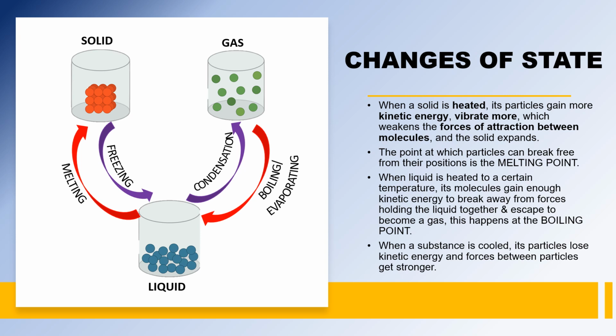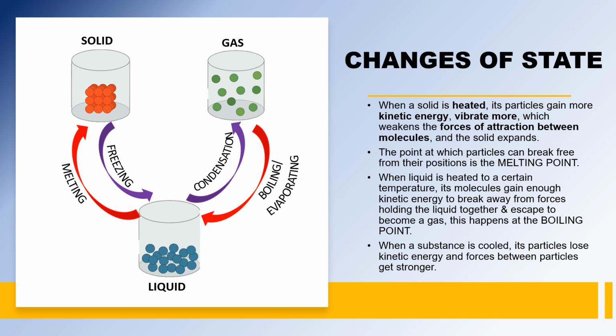Evaporation is a surface phenomenon where more energetic particles that are near the surface of the liquid can escape and become gas particles, whereas boiling occurs throughout the liquid. In boiling, bubbles form throughout the liquid, whereas in evaporation, bubbles do not form throughout the liquid.